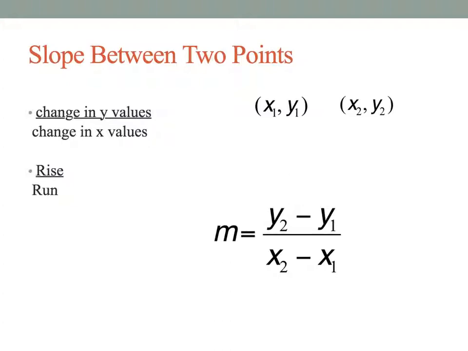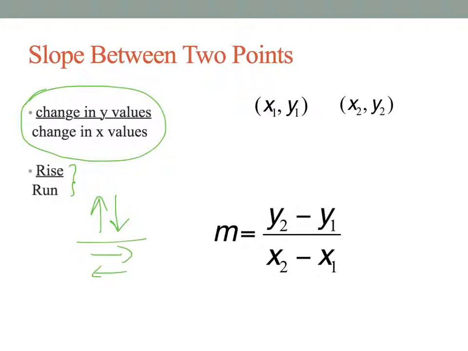So if you recall, the slope is the change in the y values divided by the change in the x values. We also can call it the rise over the run because we talk about going up or down first, and then we talk about moving to the right or to the left. When we're given 2 points, we can call them x1, y1, that's just notation for saying this is the first x and this is the first y, and that this is the second x and the second y.